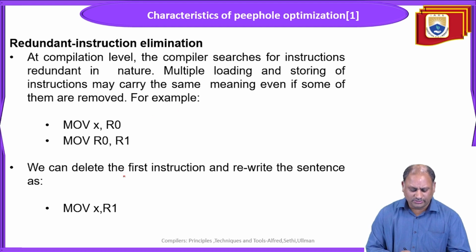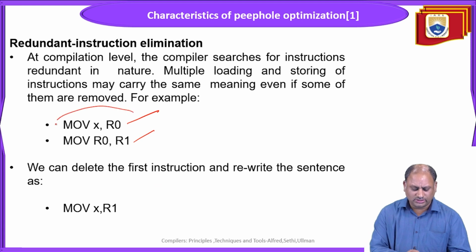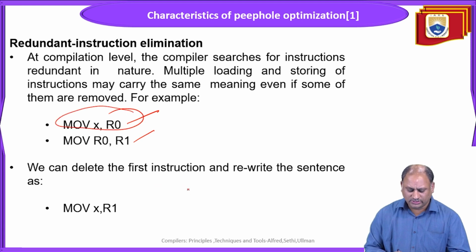For example, here we have the instruction move x comma r0. Another instruction is move r0 comma r1. But we can delete the second instruction. What is r0 here? R0 is storing the contents of x.